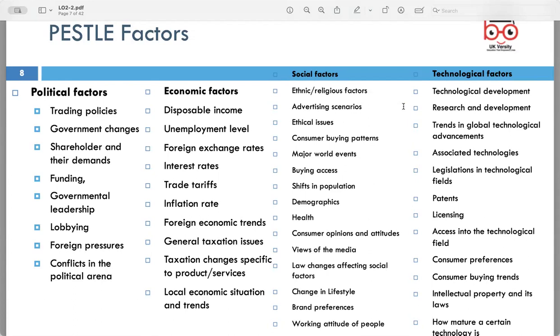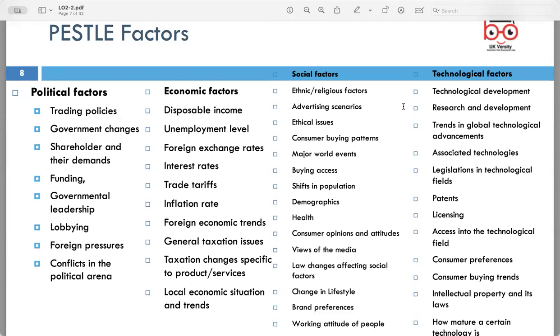When we talk about economic factors, economic factors means disposable income, unemployment level. Basically, political factors involve elements related to the government and its impact on businesses.